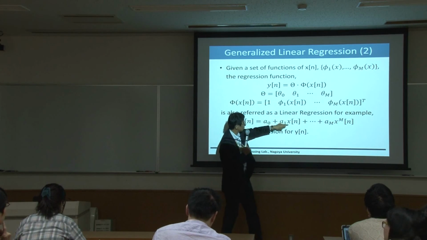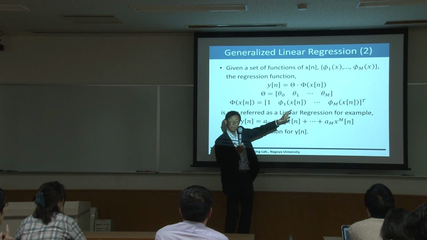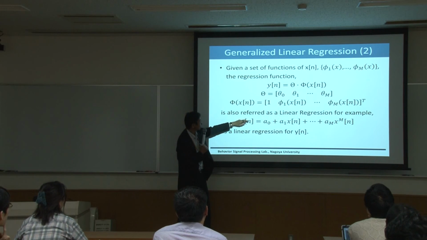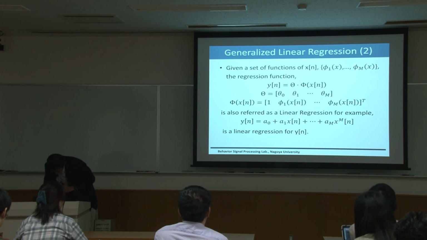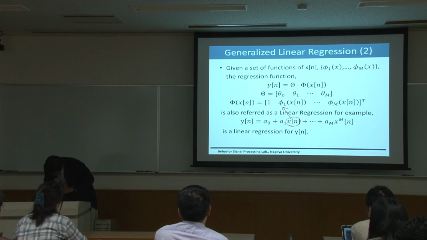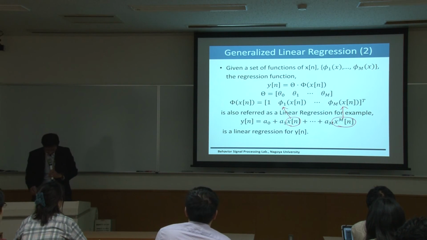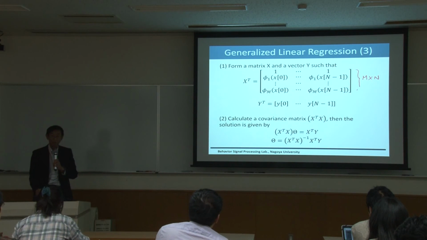So you can follow the discussion that I showed you in the third slide. Please think that this is that and this is that, okay? Then you can use this formula, okay?